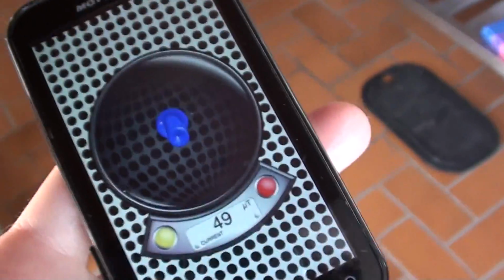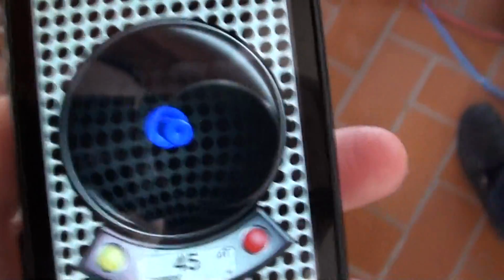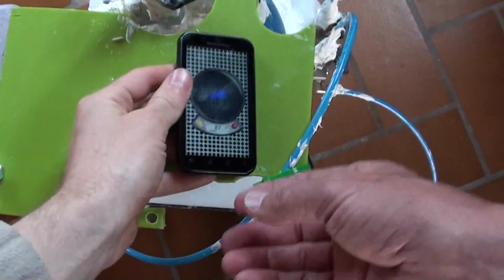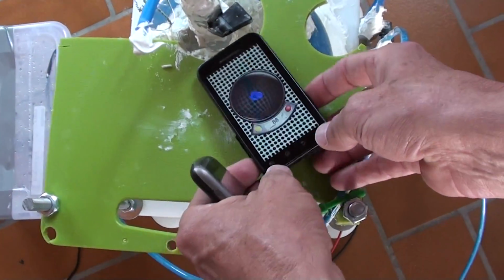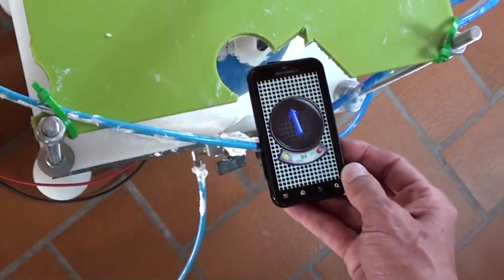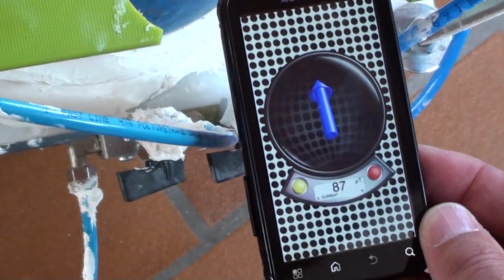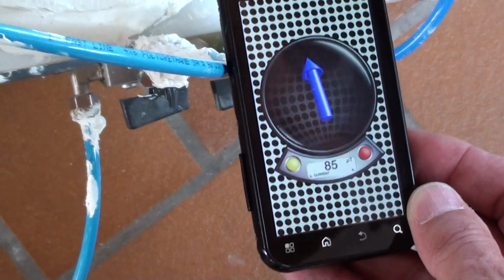So now it behaves quite well, but when we bring it near the reactor, it measured more than 100 here. Yeah. Oops. Oh my God. It even went up to 200 at some point. So we are at around 90, 80.